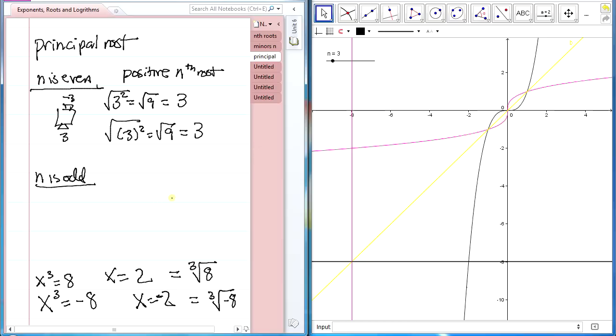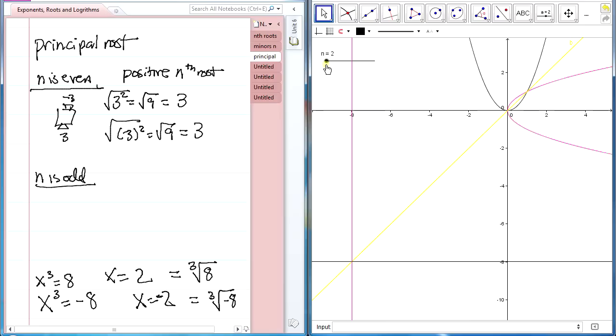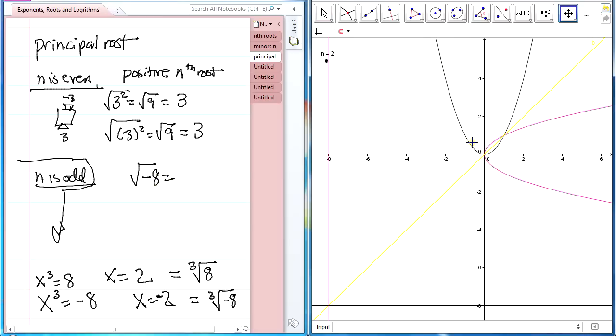Now, back to our squares. Here we go. There's our squares. If I'm trying to figure out, hey, when do I have the square root of negative 8? I'm looking at my black graph, and I'm saying, hey, wait a second, it never gets down that low.